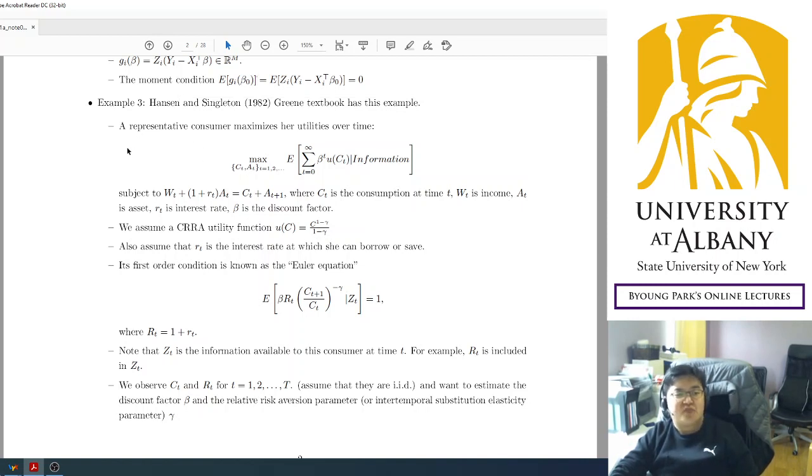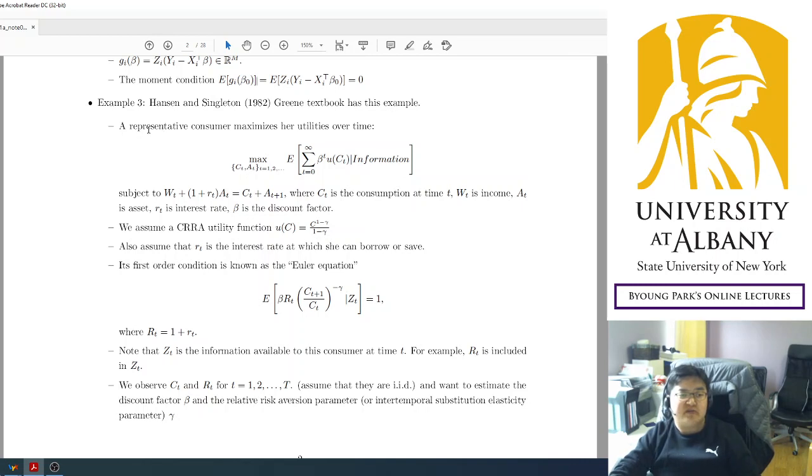So in theory, from macro or microeconomics, you must have heard about the Euler Equation. Consider a dynamic optimization of a representative consumer.